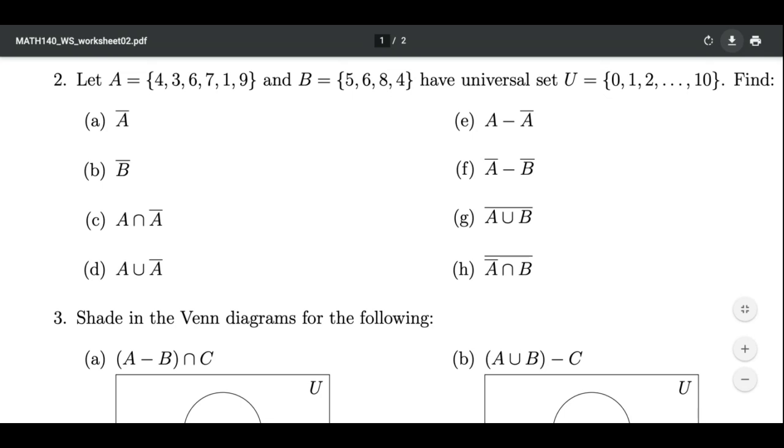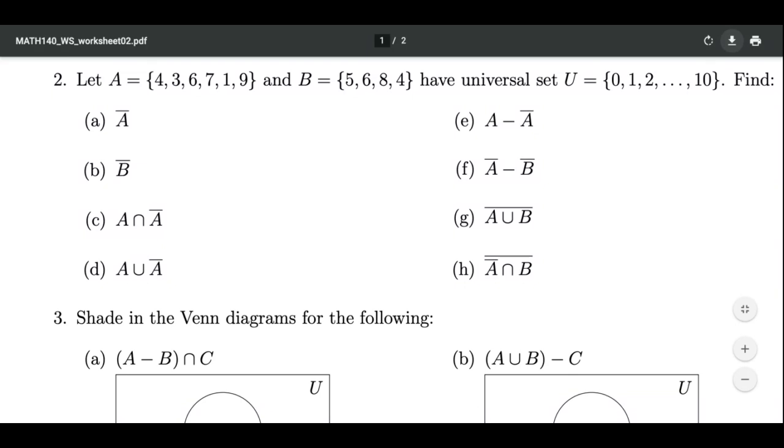And the H, what's H? H will have A complement intersect B. A complement intersect B. What's in both? 5, 6, 8, 4. So just 5, isn't it? So A complement intersect with B is just 5.